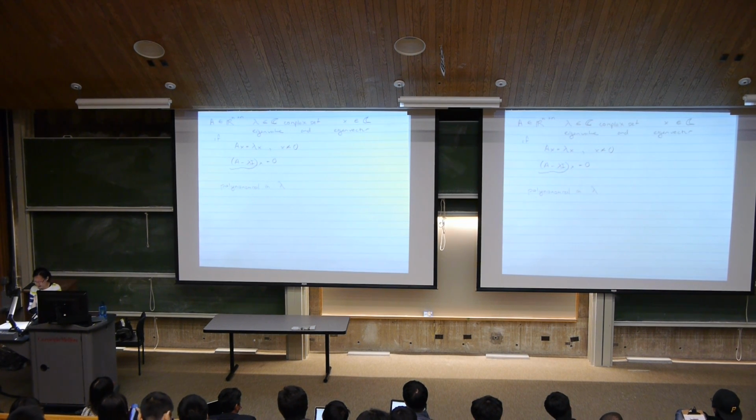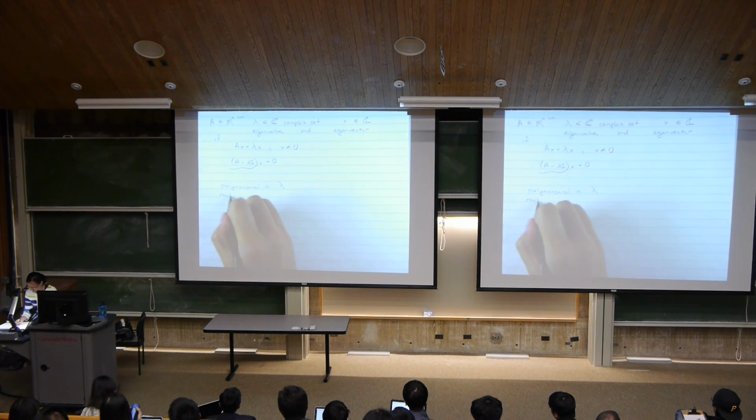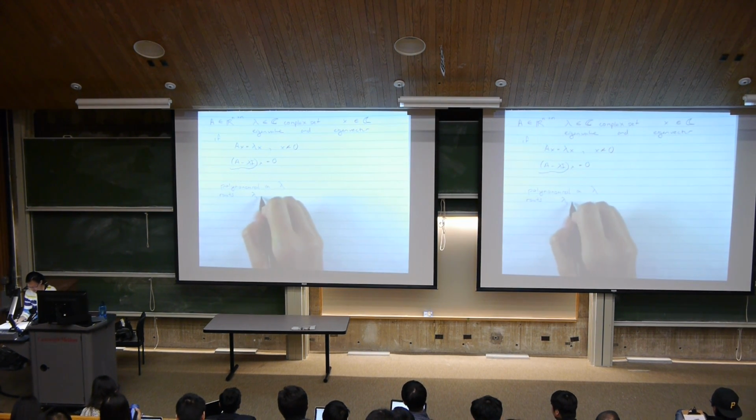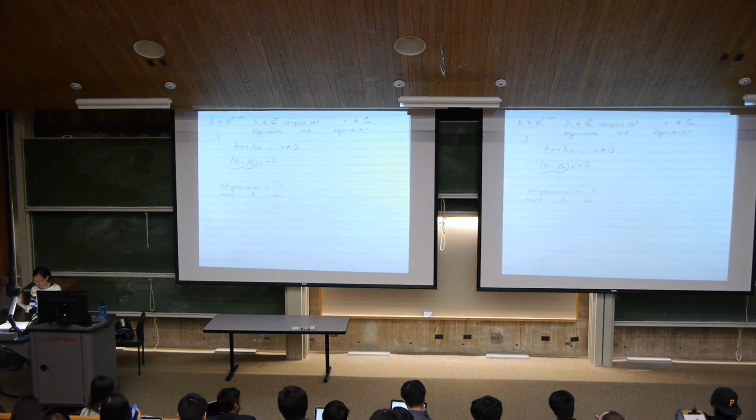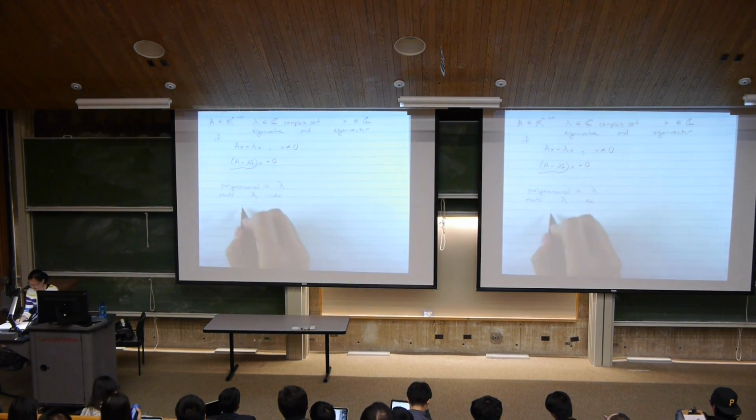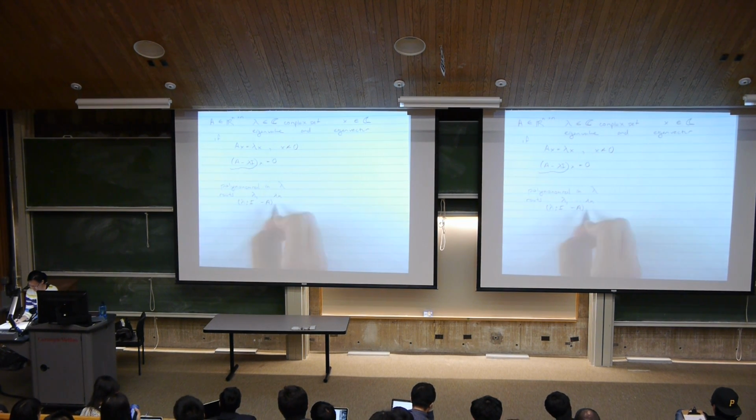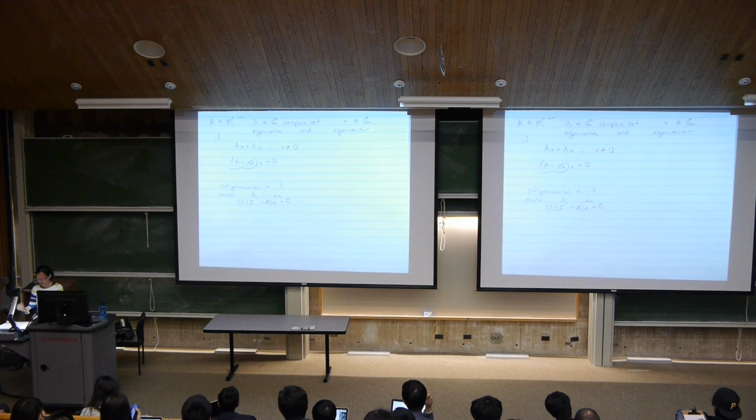You can solve for the roots of that polynomial, and the roots will give you lambda 1 to lambda n. Then you'll have the eigenvalues. Once you have the eigenvalues, you can solve this system of equations to find the eigenvectors.